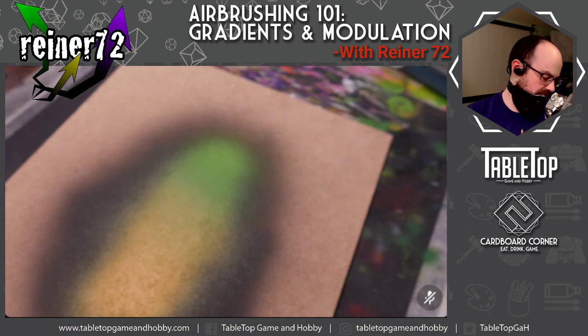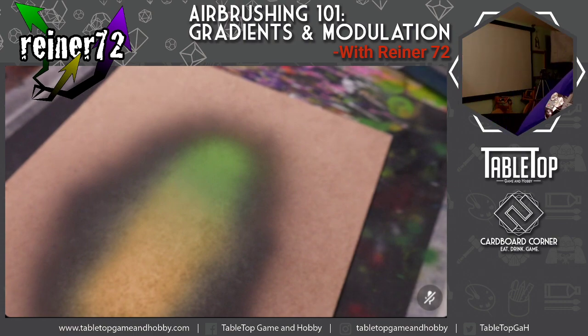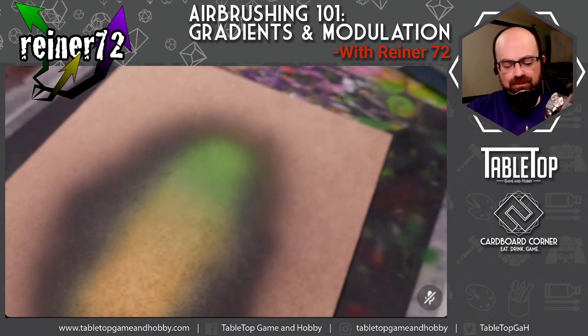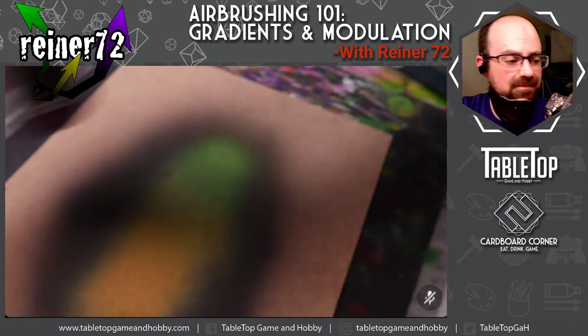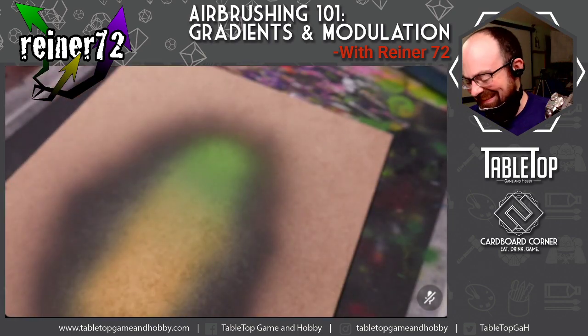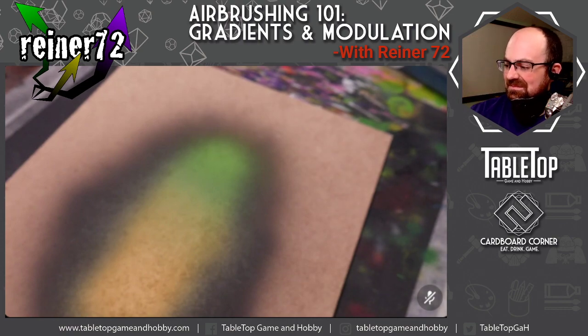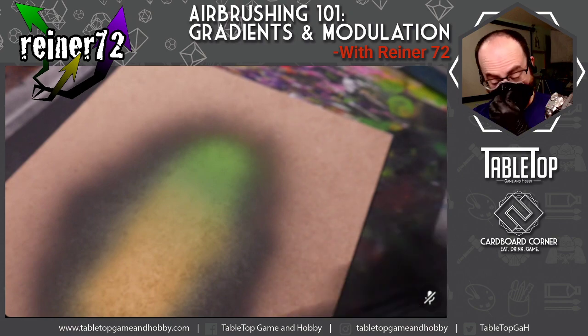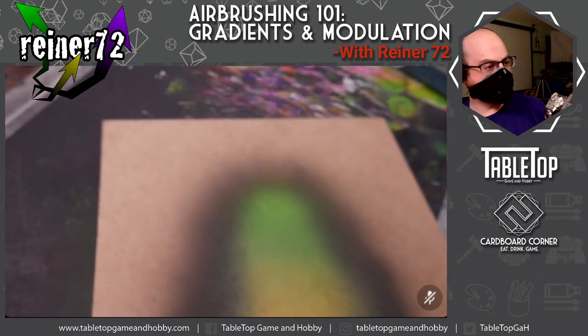Alright, well there's yeah. And thank you, Tabletop Gaming Hobby, for keeping that Sunset Purple in stock. Like that. That's a smooth transition. That's a lovely thing. Alright. Let's get this out here.